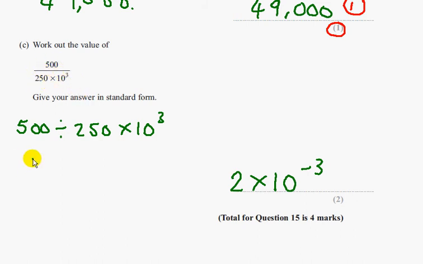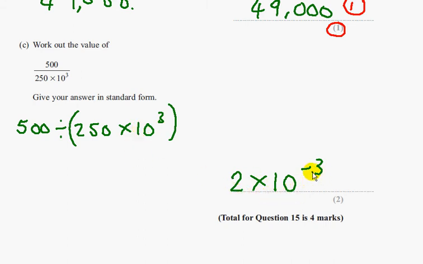So you have to put 500 divided by, open bracket, 250 times 10 to the power of 3. That way, it will do this bit first. The brackets first, 250 times 10 to the power of 3, and it will be 500 divided by that. And the answer in standard form is going to be 2 times 10 to the minus 3.